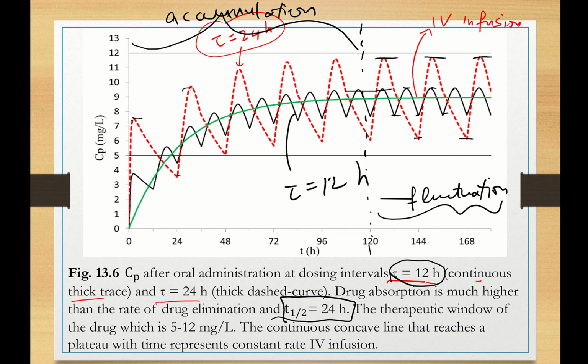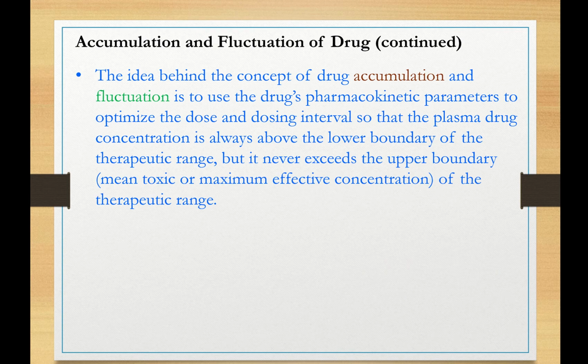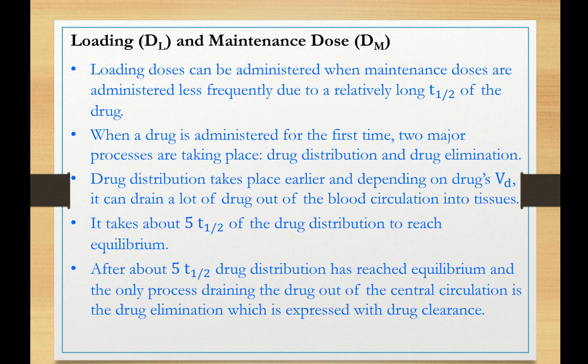It increases until the 5 half-lives where it reaches a constant value. All right, great. So the idea behind the concept of drug accumulation and fluctuation is to use the drug pharmacokinetic parameters to optimize the dose and dosing interval so that the plasma drug concentration is always within the therapeutic window. Okay. Now let us move to the loading doses.